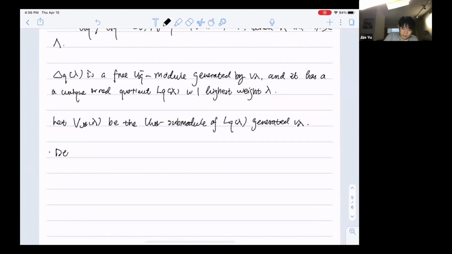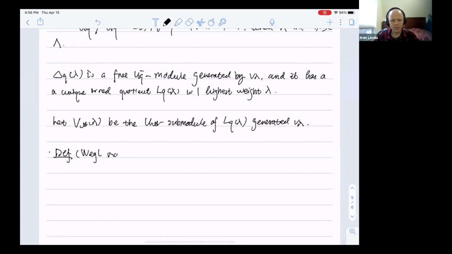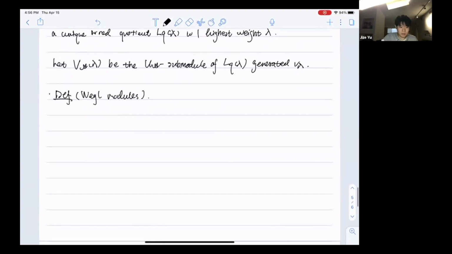This allows us to define the Weyl modules. At some point, you want lambda to be dominant. Yes, exactly. So assume lambda is dominant.